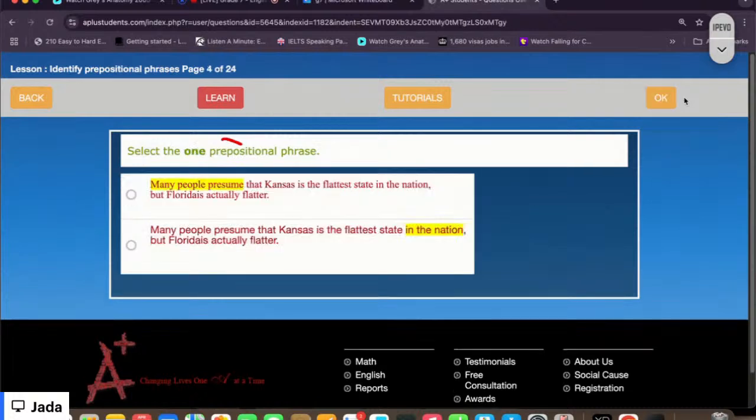Many people presume that Kansas is the flattest state in the nation, okay? But Florida's actually flatter.